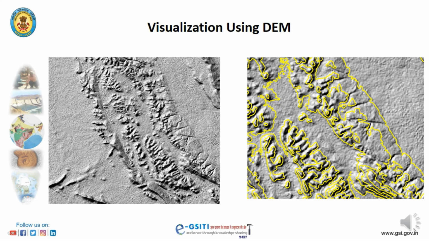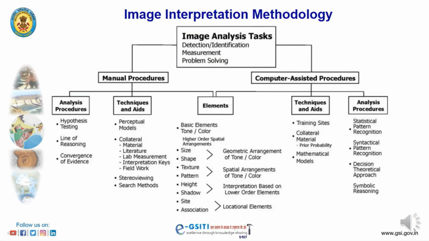Landforms can be interpreted using digital elevation model. Various DEM-derived maps can be prepared like contour map, hillshade map, slope map, aspect map, which will help to finalize a geomorphology or landform map.